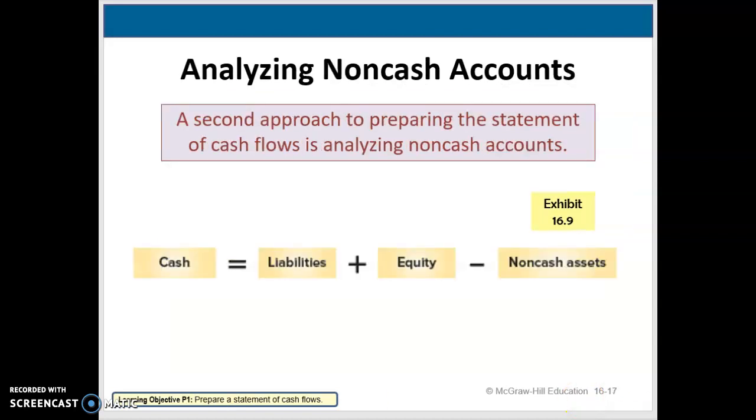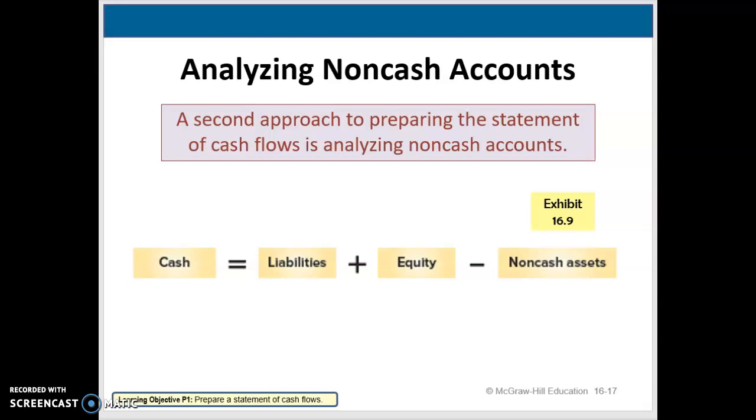We're also going to be analyzing those non-cash accounts. Remember, we had to look at what happened that was in non-cash. And remember, all cash transactions eventually affect non-cash balance sheet accounts. So we can determine inflows and outflows by analyzing those changes in non-cash balance sheet accounts. So we want to take those out.